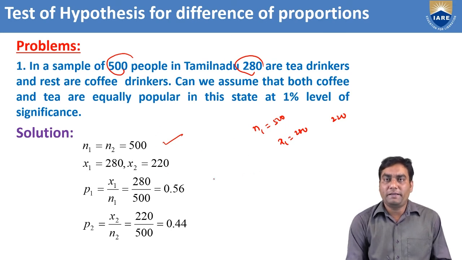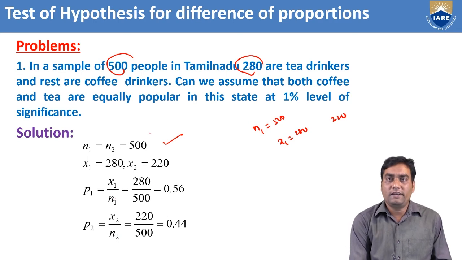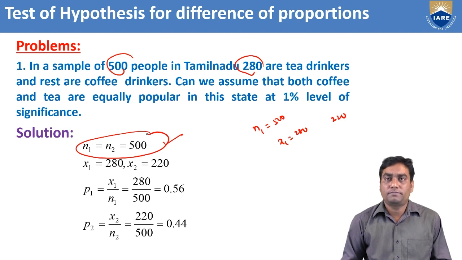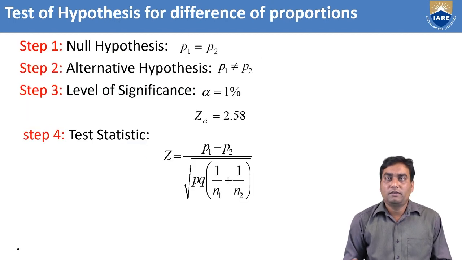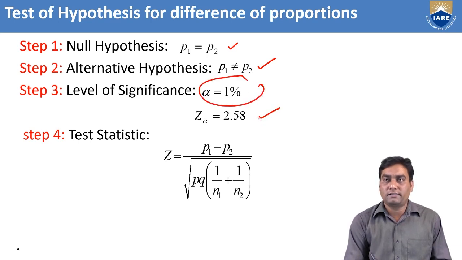So we can find P1 value as x1 by N1, and P2 value as x2 by N2. Here N1 and N2 we have taken as two different samples of 500 each. Now you can set up the null hypothesis P1 equal to P2, and the alternative hypothesis which is against the null hypothesis. And alpha is 1%. That means Z alpha is 2.58, not 1.96.